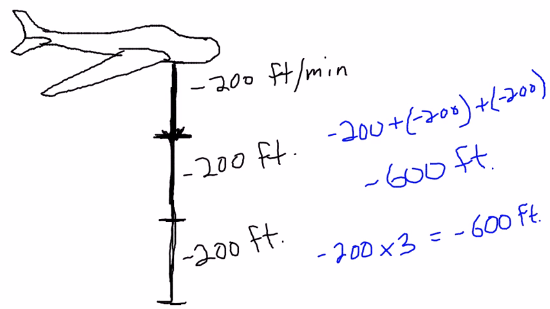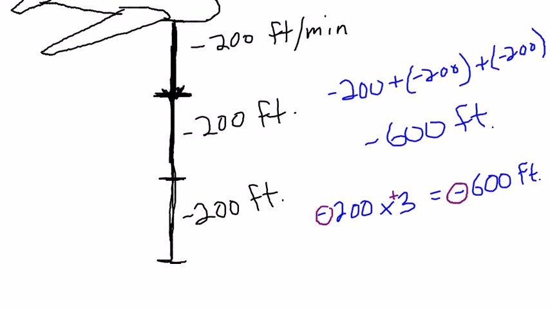Okay? Notice that a negative integer multiplied by a positive integer, right, this 3 is actually positive, even though we don't write the plus sign. A negative integer multiplied by a positive integer resulted in a negative answer, right? Our answer was negative 600, okay?